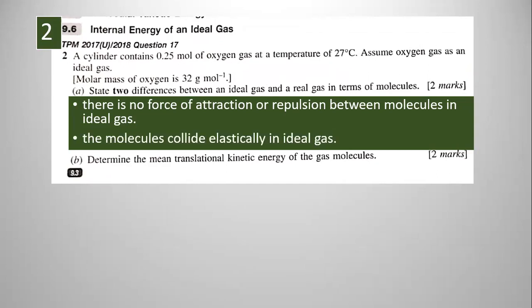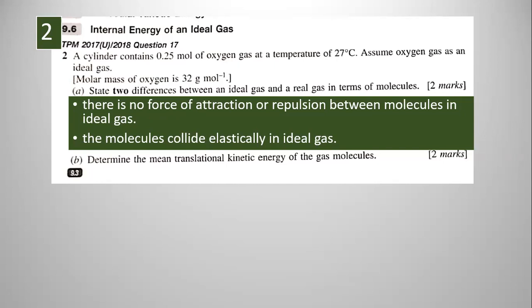Molecules collide elastically in ideal gas. Real gas, no. In real gas, there is intermolecular force. Or any others given in the notes, I think there are 5 assumptions. Others also can be used.